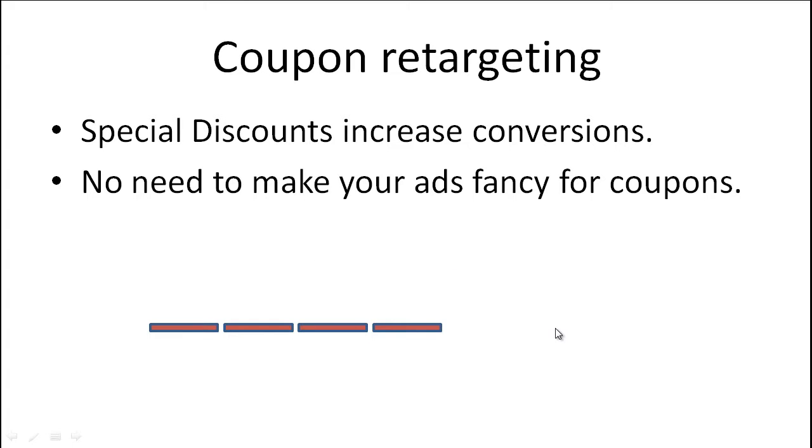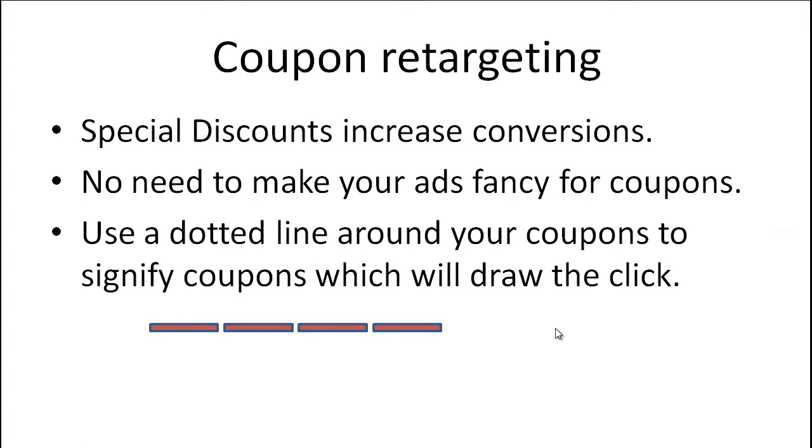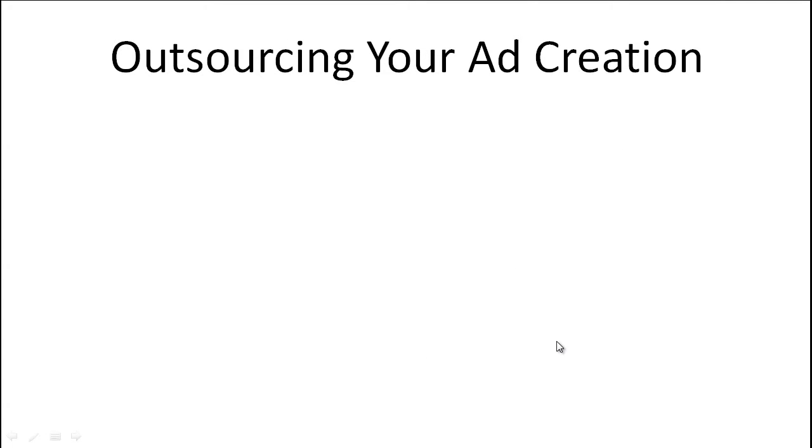But what really draws the click in terms of your ad is using a dotted line around your coupons to signify coupons like this. So nothing fancy. You can easily create this very, very fast. Create an ad, put this around the edges and the border, and then of course put in your ad the discount off, the coupon code if possible, and of course the product.